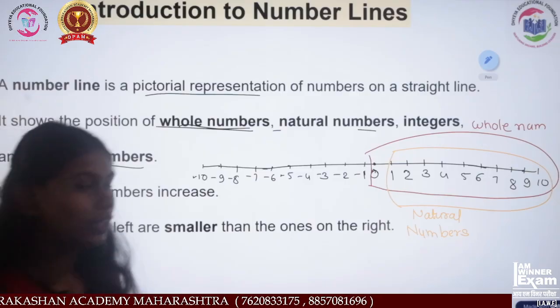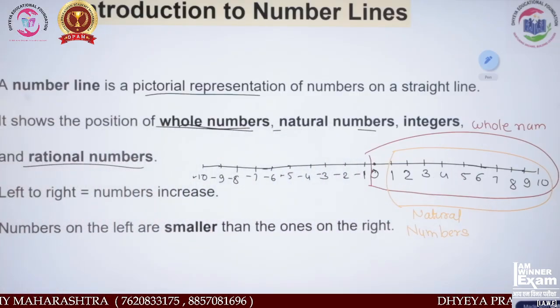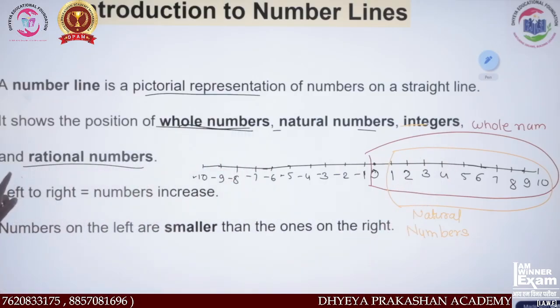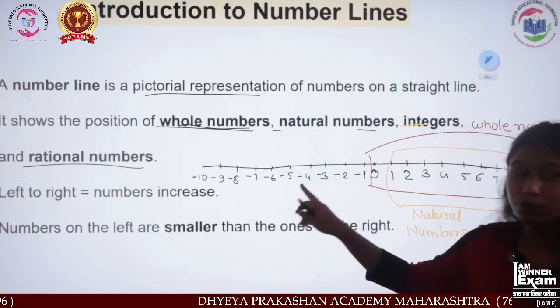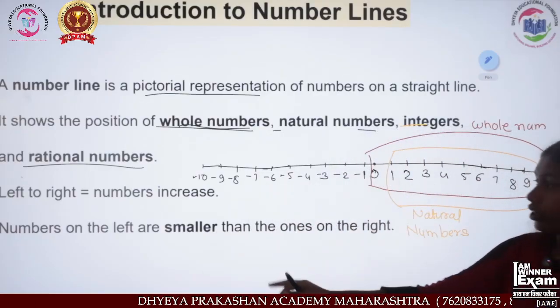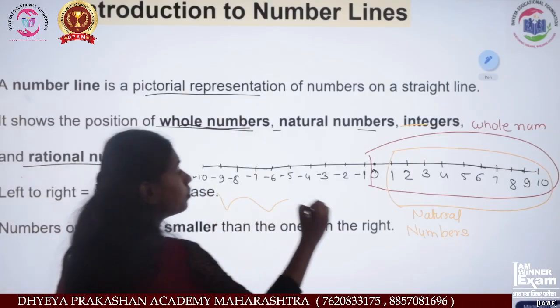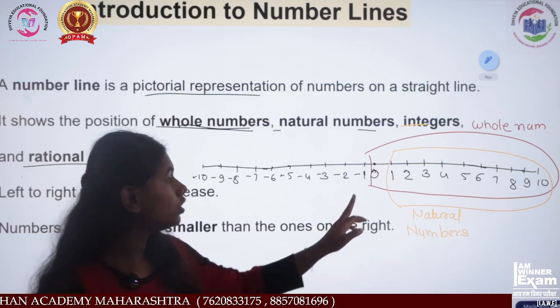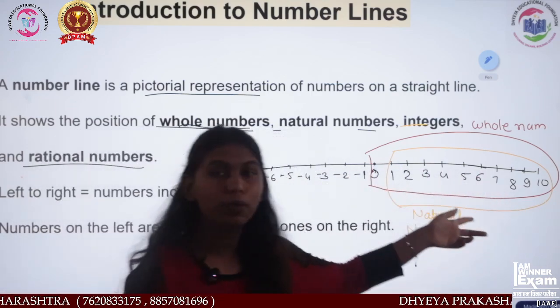Okay, these are the natural numbers. Then next, integer. What is meant by integer? It means the positive and the negative numbers both. Now here, where there is a minus sign, all these numbers are the negative numbers, and these are the positive numbers. So this is showing the negative numbers as well as the positive numbers.